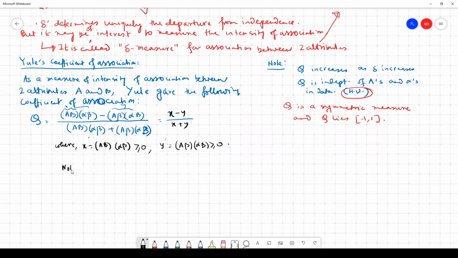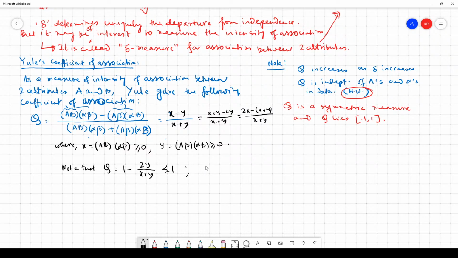Q can be written as 1 minus 2Y by X plus Y. So Q is less than or equal to 1, because X and Y are both non-negative.